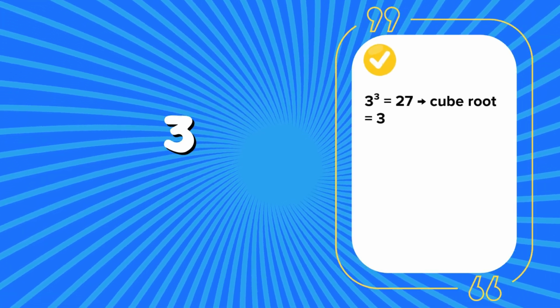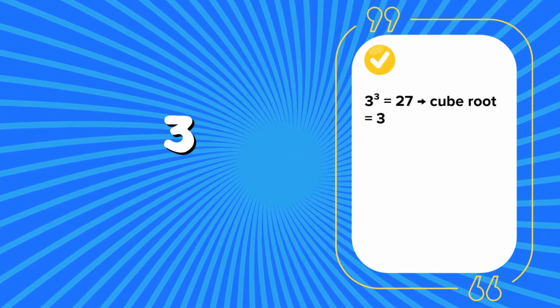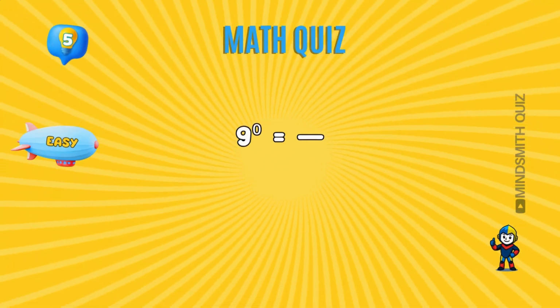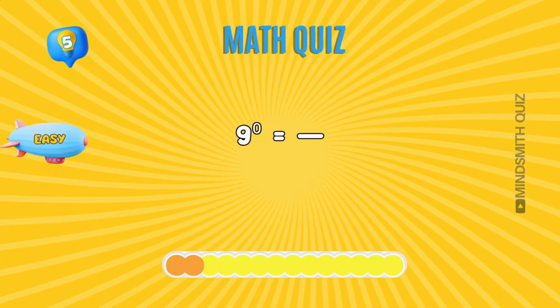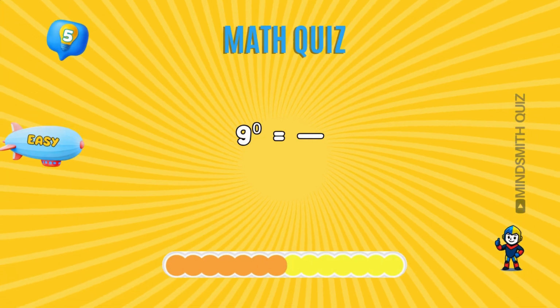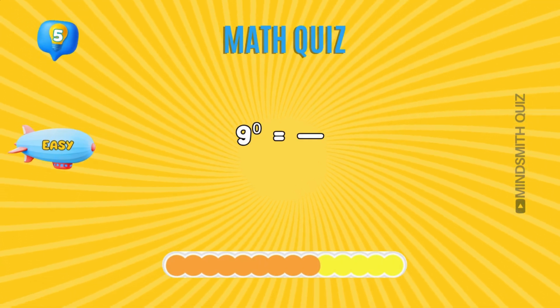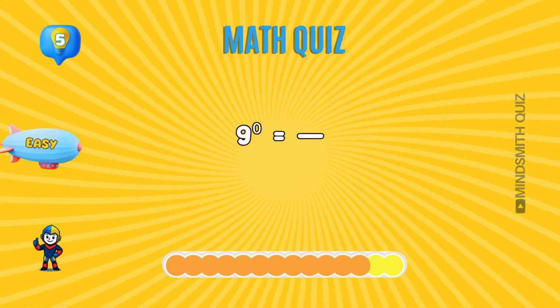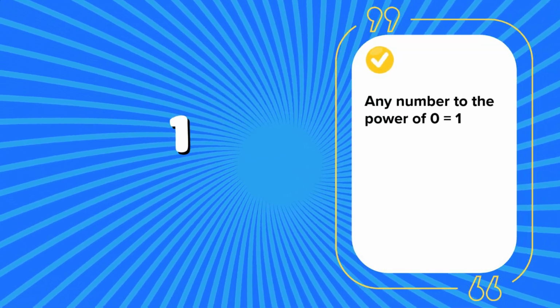The answer is 3. 9 to the power of 0 equals. It's 1.